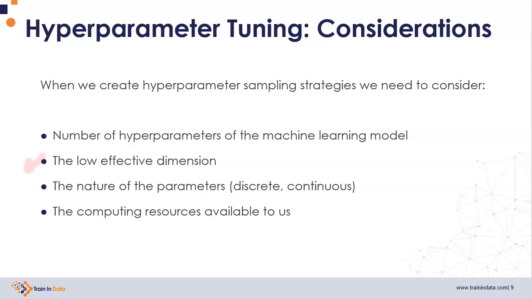But then we need to also consider the low effective dimension, so that we do not search in spaces where the performance of the model does not increase further, or that we do not search hyperparameters that don't affect the performance of the model much. Then we need to think about the nature of those hyperparameters, which intervals of values should I test, and then of course the computing resources available to us.